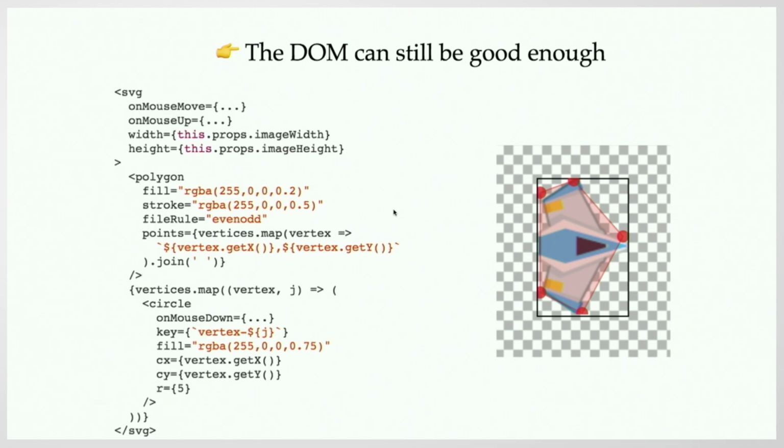So here I've used SVG and all the components that are provided to display this polygon, and you can even drag and drop the vertices of the polygon by implementing this on mouse down, up, or over, so that you get something that is quite complete, and as it's done using React, it's quite easy to read and to understand, compared to something that you have to do manually using WebGL.